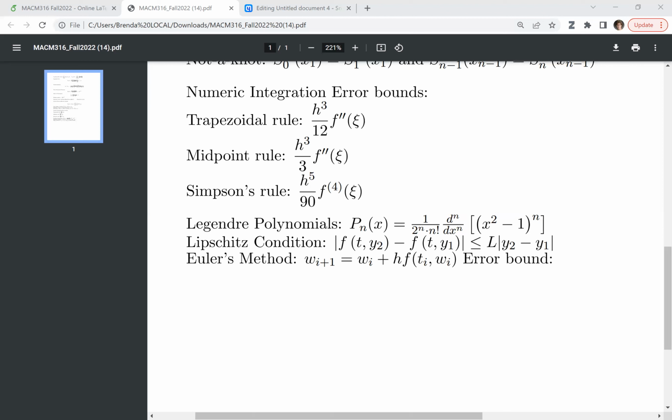If I give you a higher order differential equation, you can assume that it has a solution.